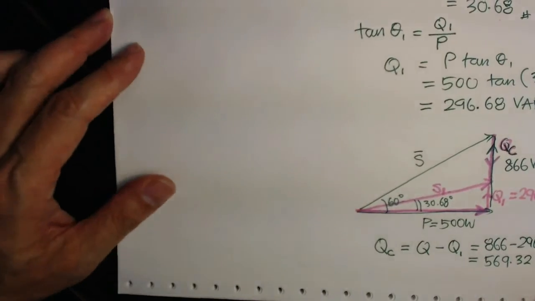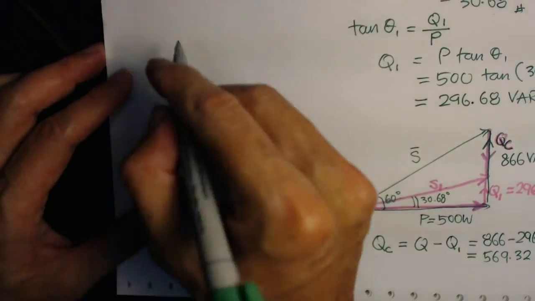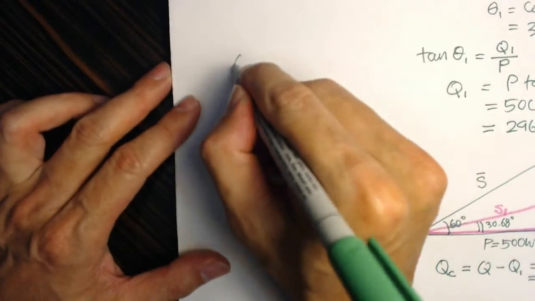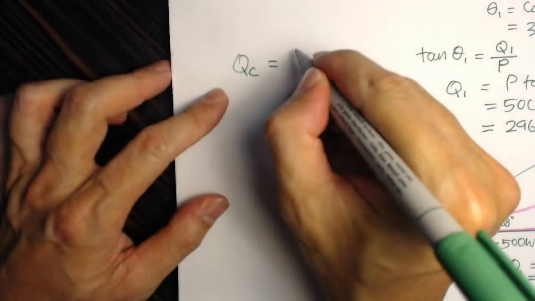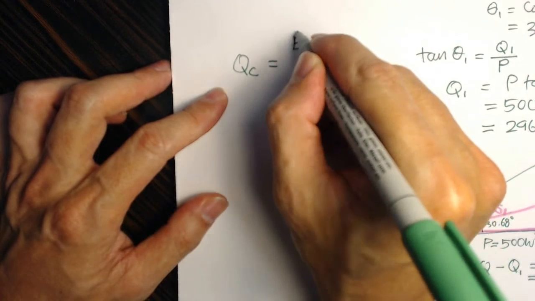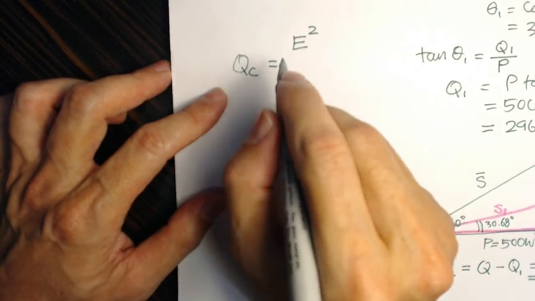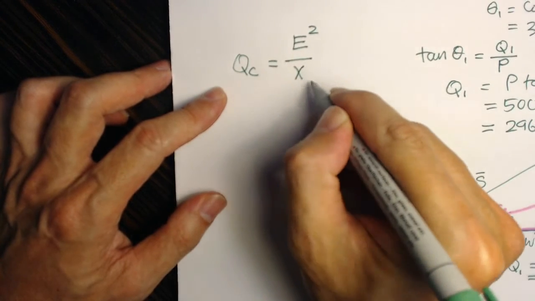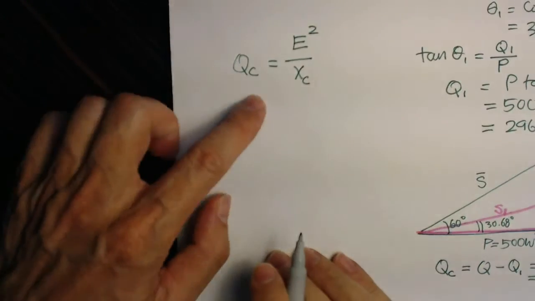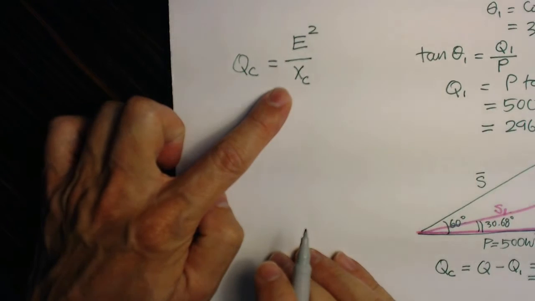Now QC can be calculated from this relationship: the square of the voltage divided by the capacitive reactance.